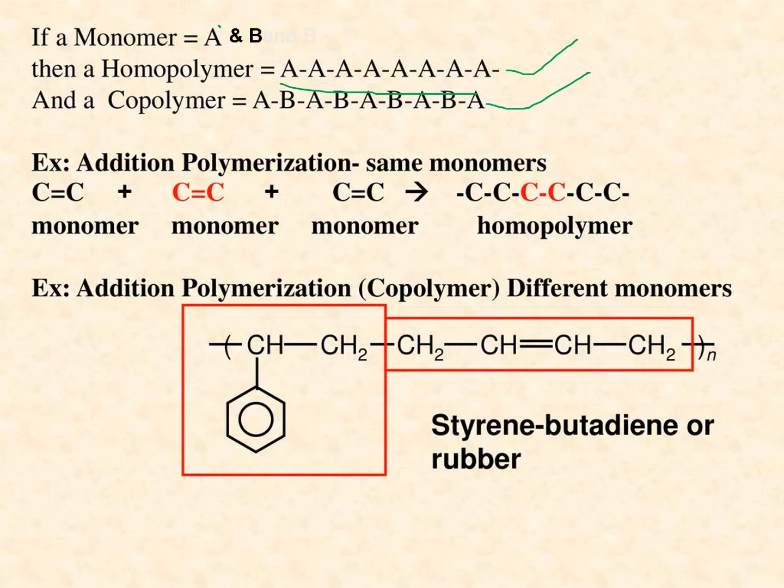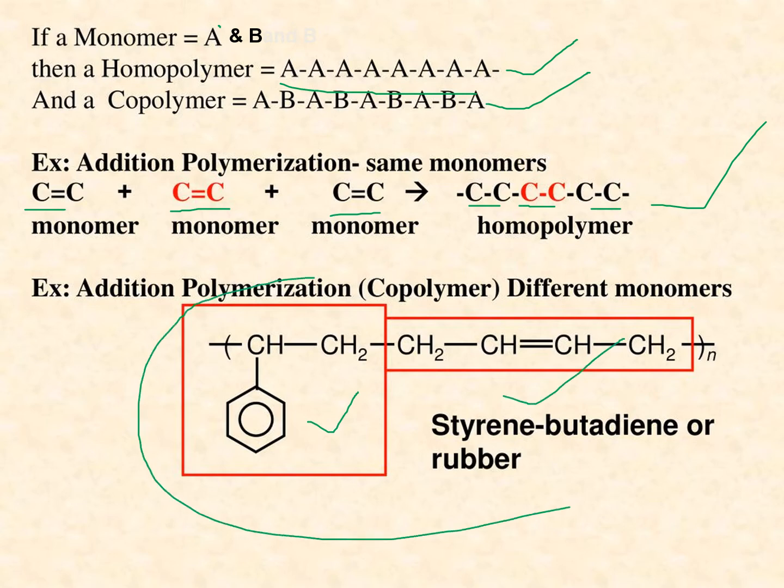Examples: you can see here the ethylene molecule, a number of monomers form the chain, and only ethylene is repeating here. This is a homopolymer. If you observe this Buna-S rubber, this is the styrene molecule and this is the butadiene; both are combined to form a polymer, which is called Buna-S rubber.